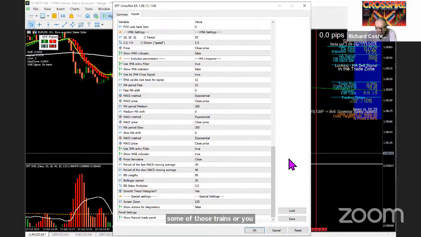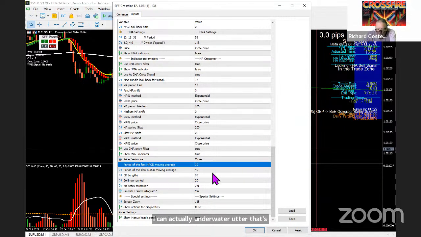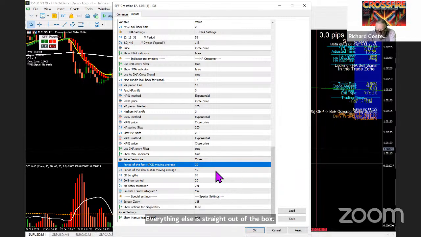But it's personal choice. If you want to rely purely on the trend lines and the Heikin-Ashi and the Water ATA, that's fine. That's entirely up to you. Everything else is straight out of the box. I haven't changed anything below those moving averages.